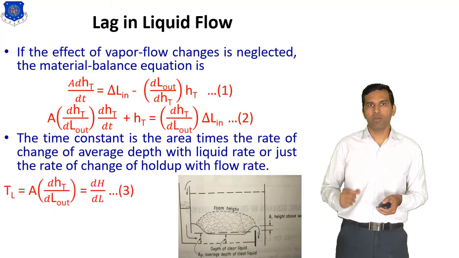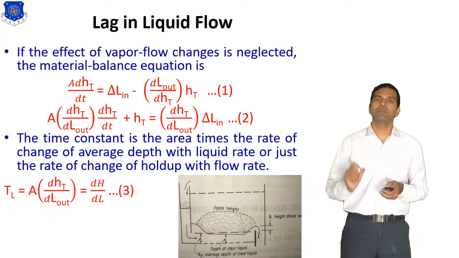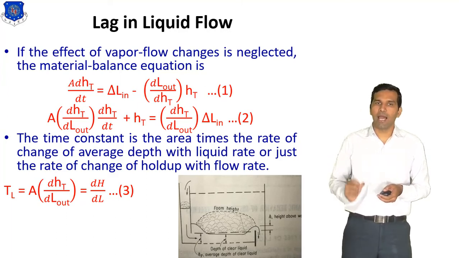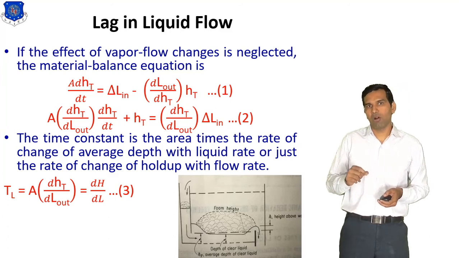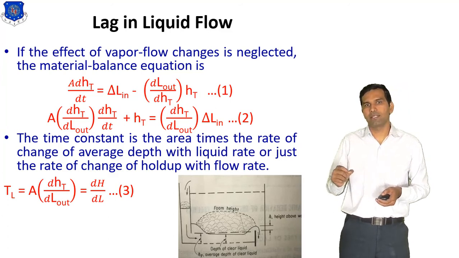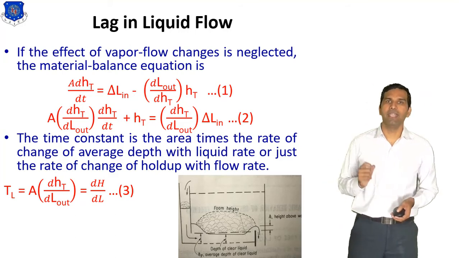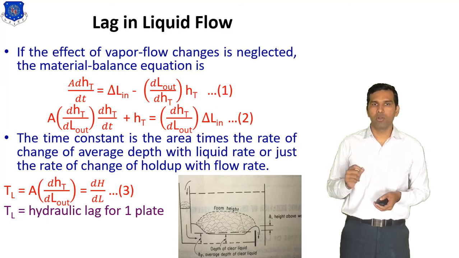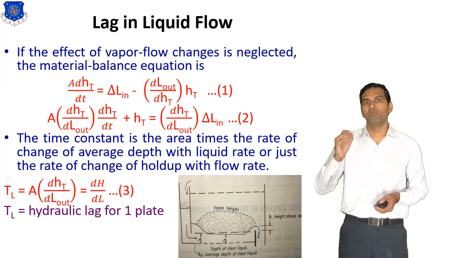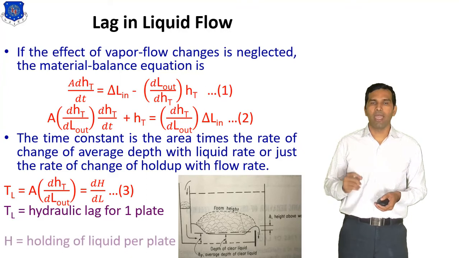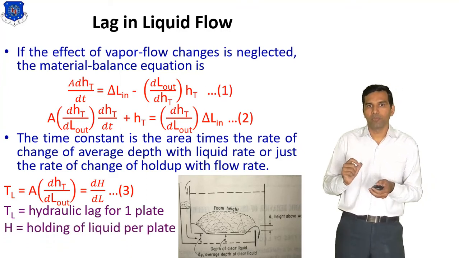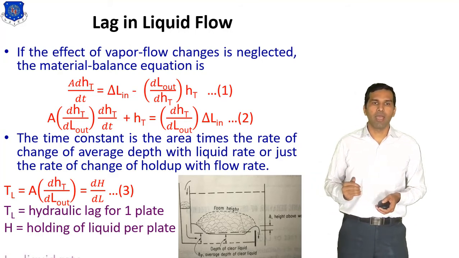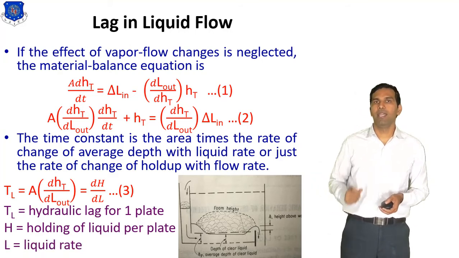We can write the time constant as TL = A dHT/dL out, or equivalently dH/dL. Here TL indicates the hydraulic lag for the plate, H indicates the holdup of liquid per plate and L indicates the liquid rate.